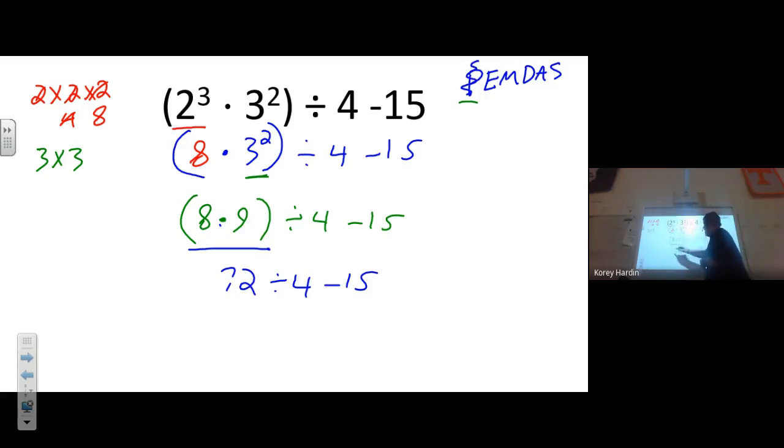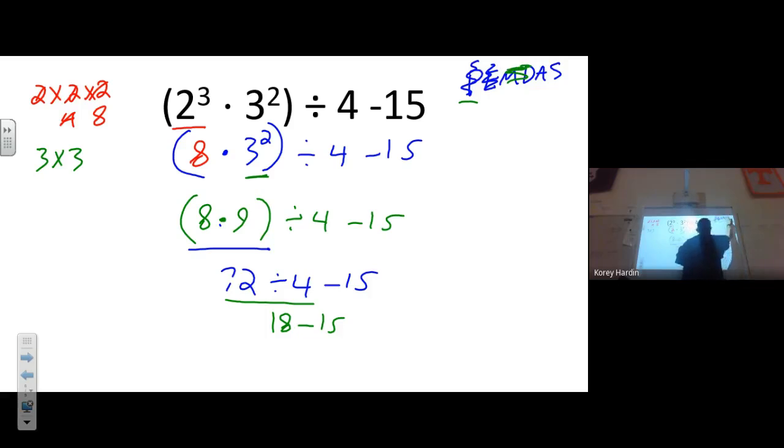Mark it out. I have no exponents. Mark it out. So multiply and divide. I do have a division step. I've got 72 divided by 4. If I take 72 and divide it by 4, I get 18. So I've got 18 minus 15.